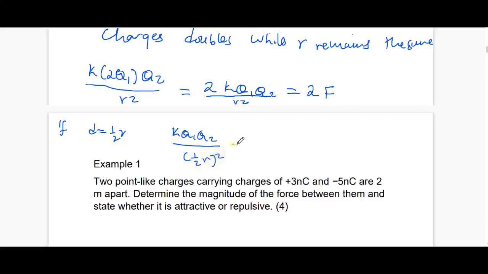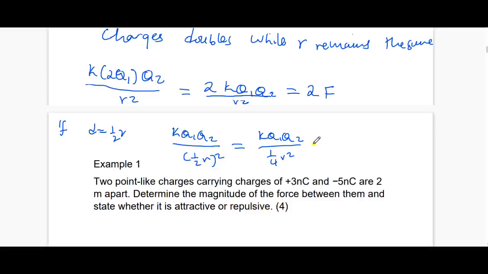Now (1/2) squared is 1/4, so I have k q1 q2 divided by 1/4 R squared.